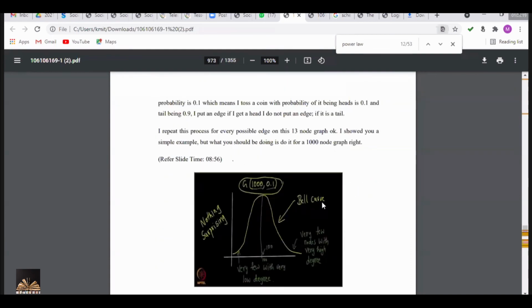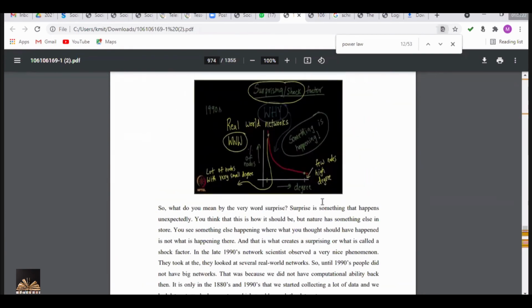But if you take the example of a social network, like the World Wide Web he has taken, there was an experiment done in the 1990s on a real-world network like the World Wide Web. When they tried to plot it, they found a change in the curve. It is not the normal distribution curve. It is a different curve.